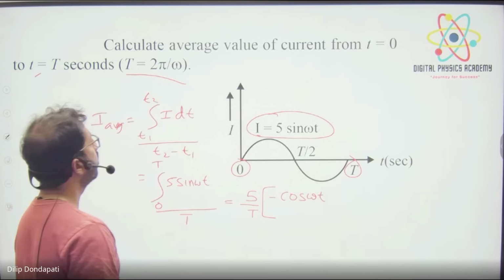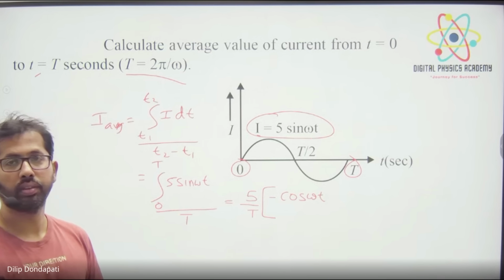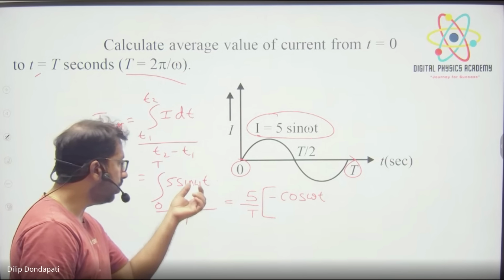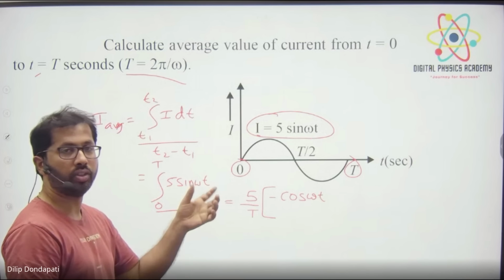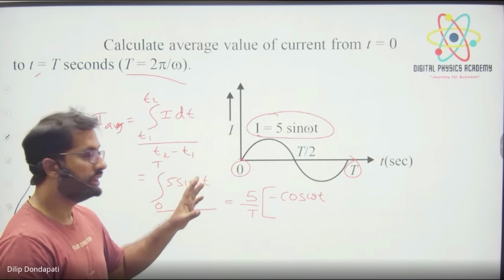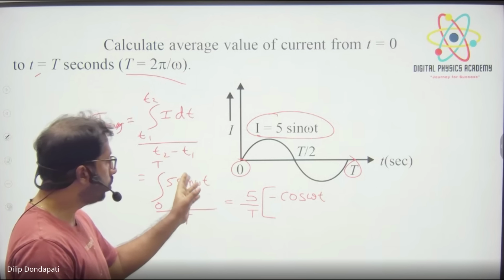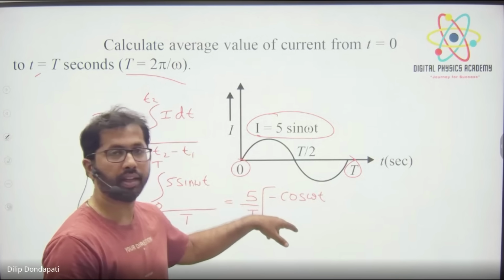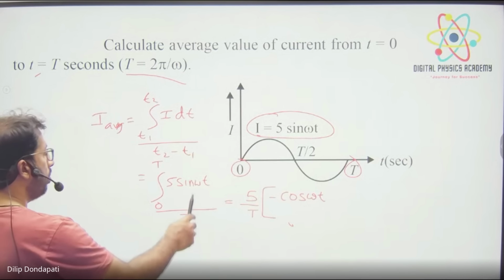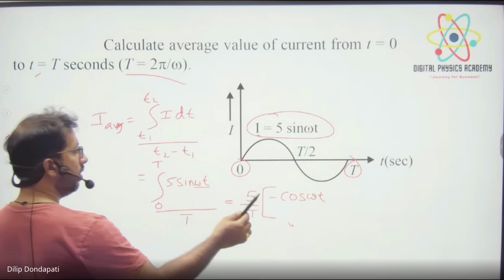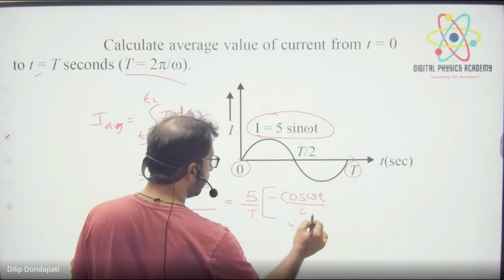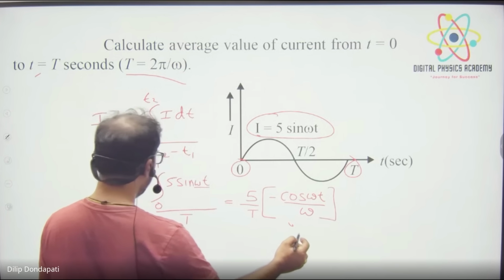Wrong. It is not in the standard format. It is not sin x. So what do you do? Differentiate it and divide. Chain rule, right? The differentiation of omega t is omega. That omega will be coming like this, from 0 to T.